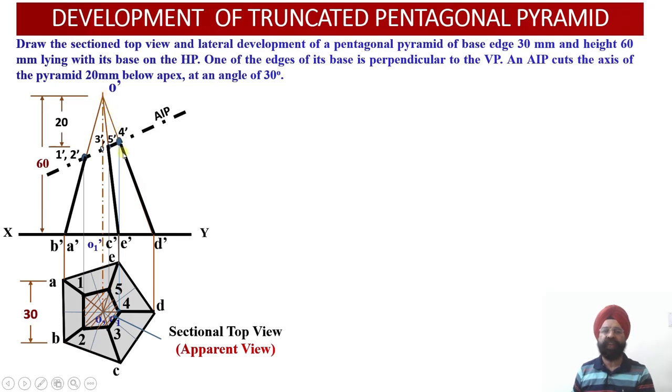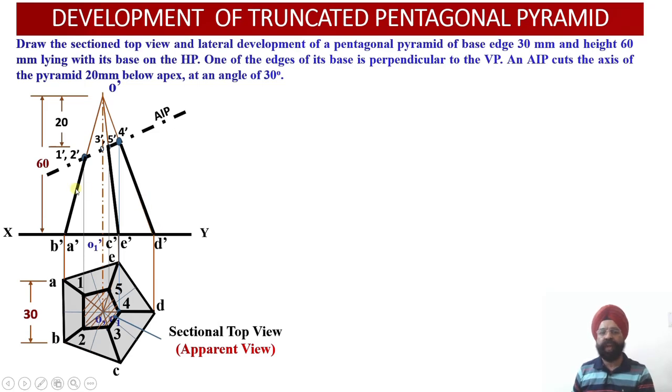Since the true length for all the slant generators will be the same, here in this figure O dash D dash will be my true length of the slant generator. Why? Because the top view or plan projection corresponding to the edge OD happens to be parallel to XY, or parallel to the vertical plane. So the front view O dash D dash will represent the true length. So this is the true length.